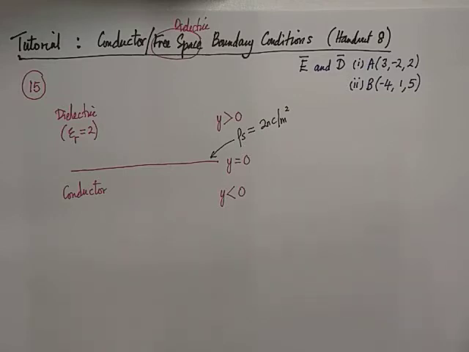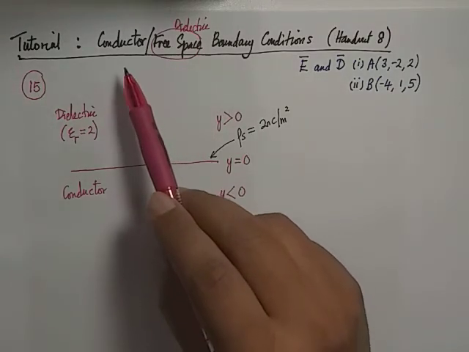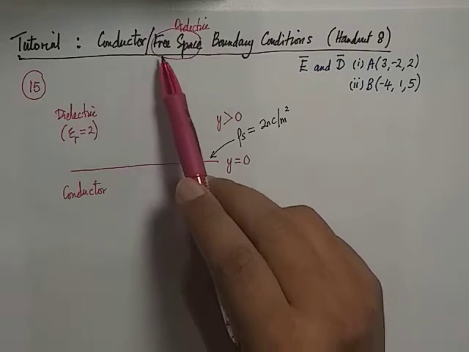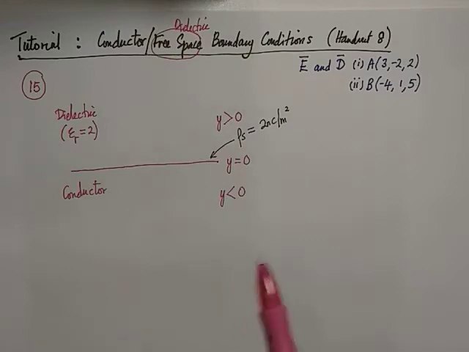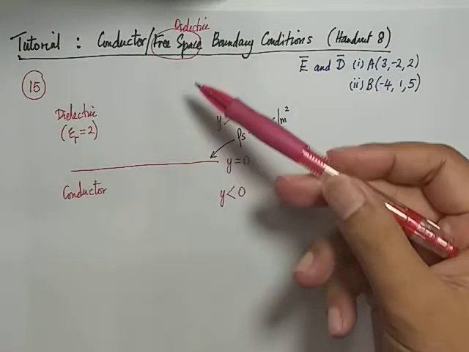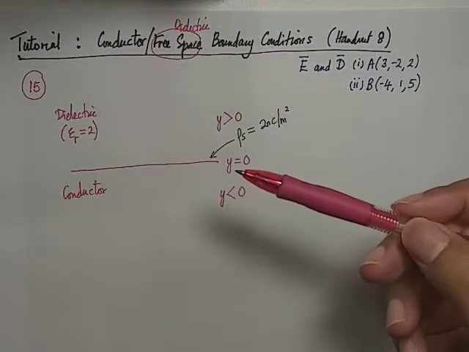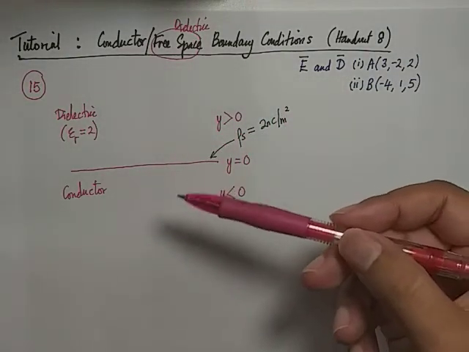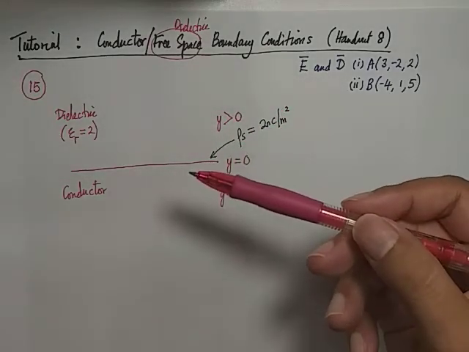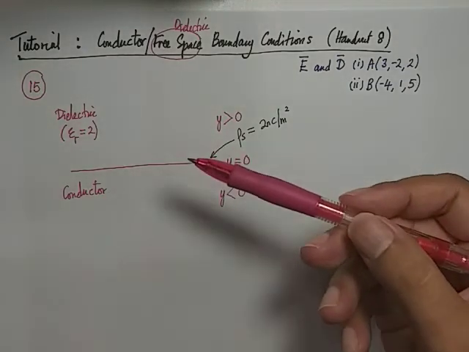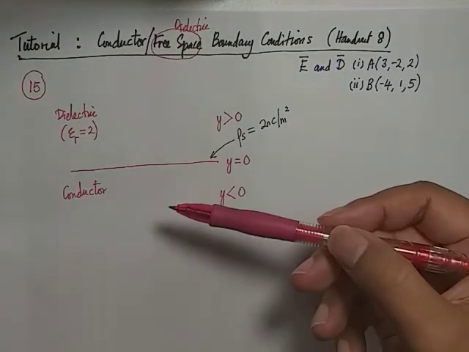Now let's recall what we have learned before, especially regarding conductor free space or conductor dielectric boundary conditions. When we have this particular scenario, the field at the boundary will only be in the region of good dielectric or free space. There is going to be no electric field in the region of conductor.